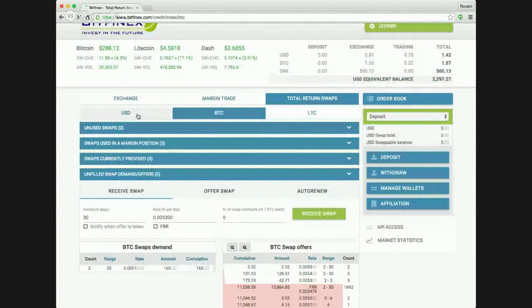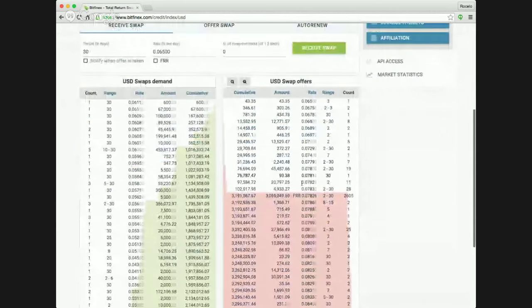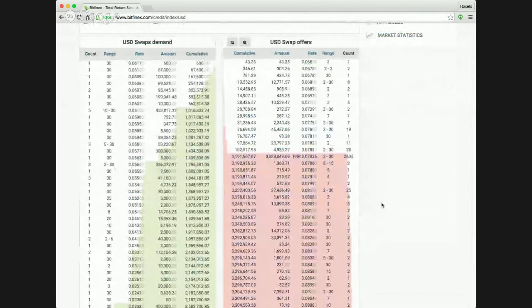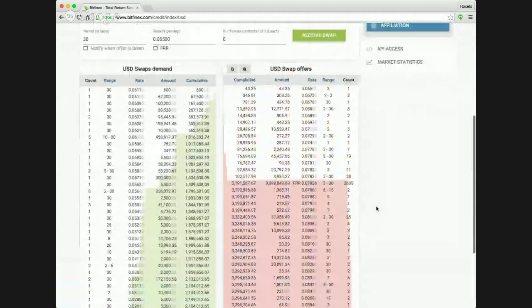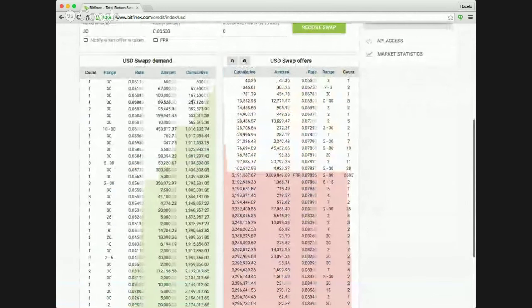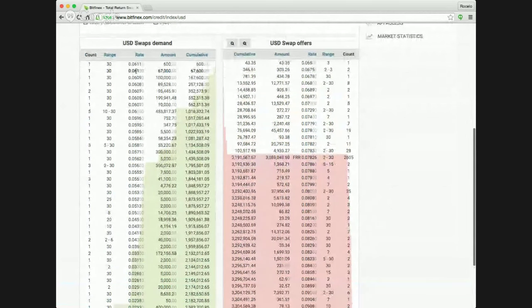So going back to US dollar, here we go. As you can see, there are a lot of offers. Now let's look at the USD swap demand. What is the market demanding right now? That is the amount, that is the range of how many days they're looking for, and the interest rate that they are paying.